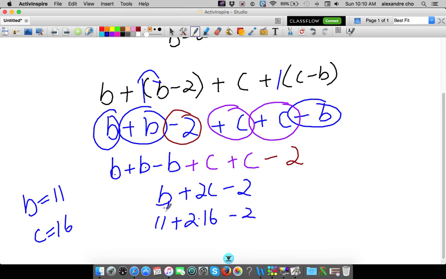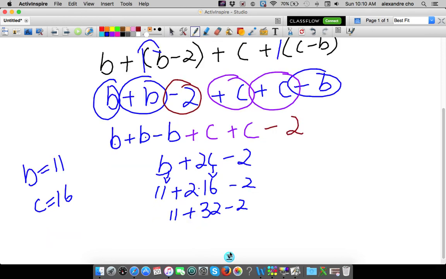We get 11 plus 2 times 16 is 32 minus 2. Please don't do the subtraction first. It's addition or subtraction, whichever comes first from left to right. So 11 plus 32 is 43 minus 2, final answer 41. Long question.